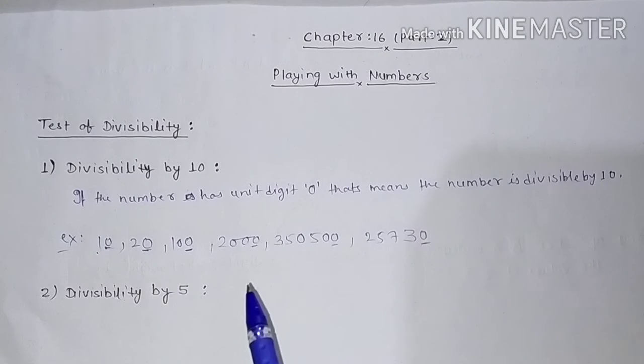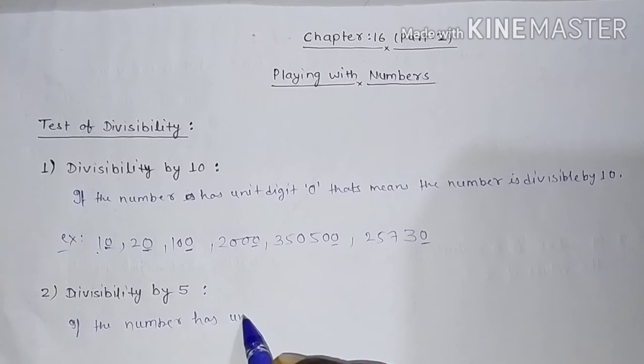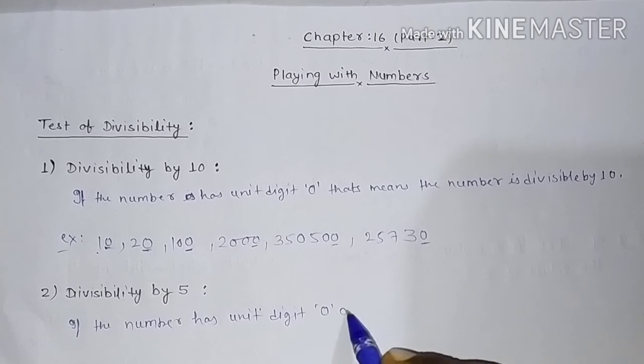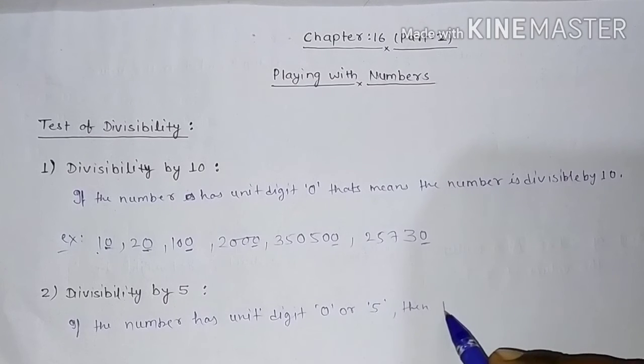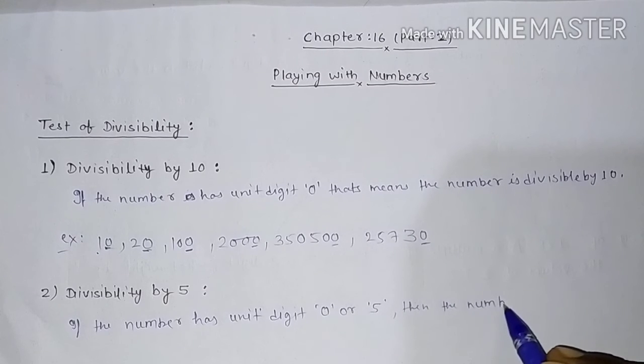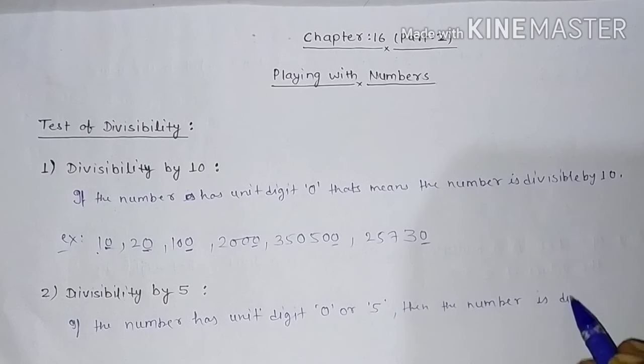Okay, it's very simple. Similarly, second, divisibility by 5. If the number has unit digit 0 or 5, then the number is divisible by 5.